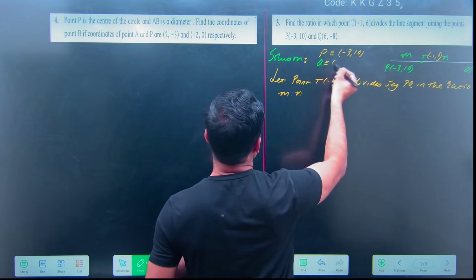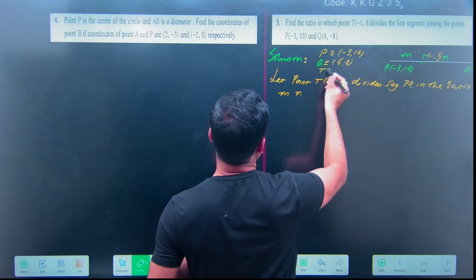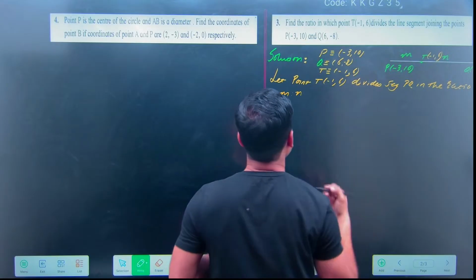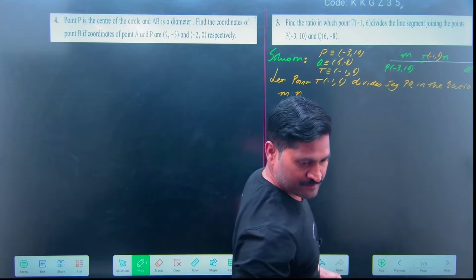Q is (6, -8) and T is given as (-1, 6). So I think everything is clear up to this step.